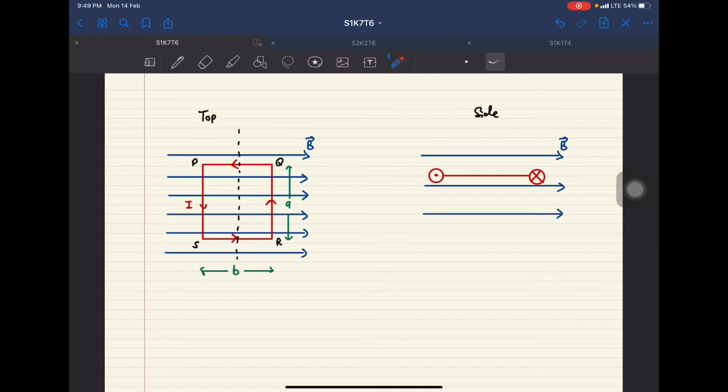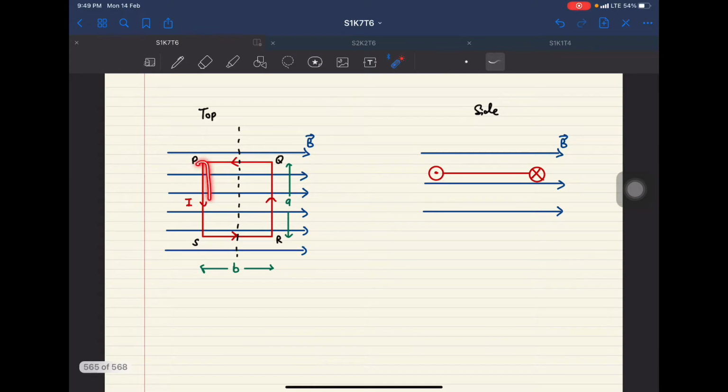If there's a current flowing in this direction, we want to determine the direction of force for each segment. Let's say we determine it at segment PS. You have a current going downwards and a magnetic field to the right, so you will have a force going out of the page.